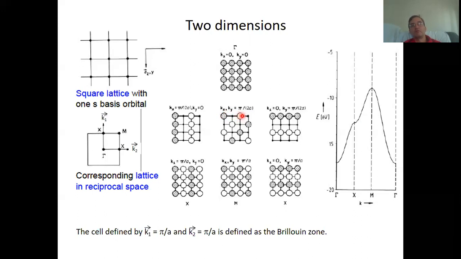Then this would be followed by another 1s orbital with no amplitude, followed by another 1s orbital with positive amplitude, and so forth. That situation you would have in both dimensions, in the x direction as well as in the y direction.